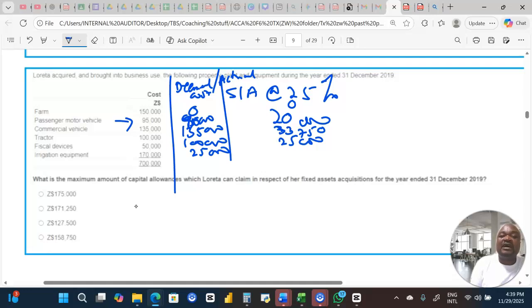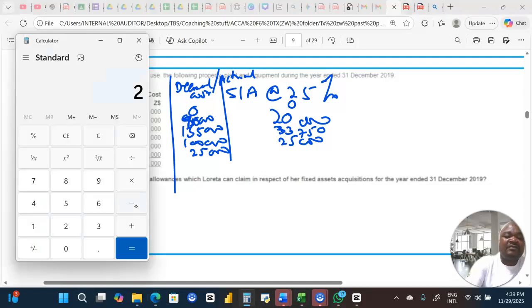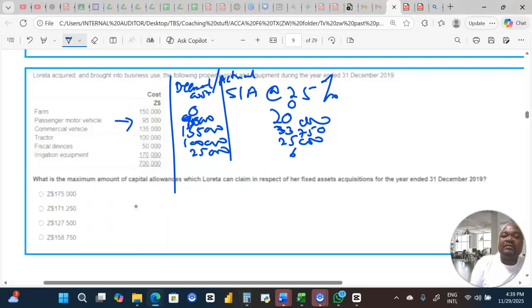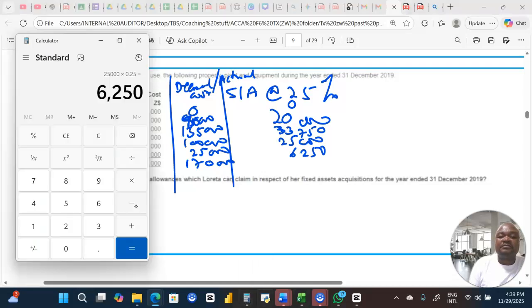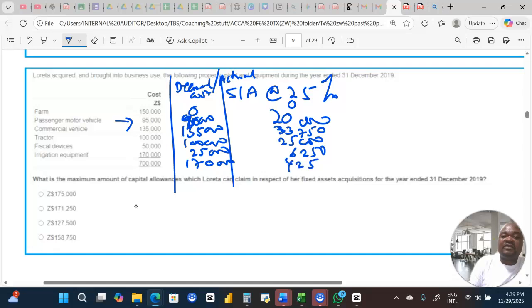And we take 25% of 25,000, that's 6,250. Irrigation equipment, we take the full amount there, 170,000 multiplied by 25%, that's 42,500.